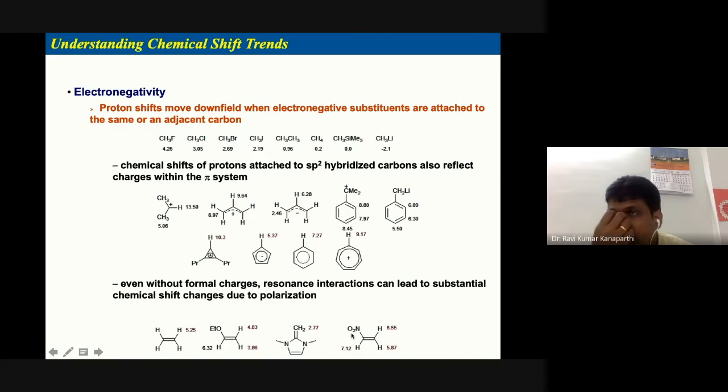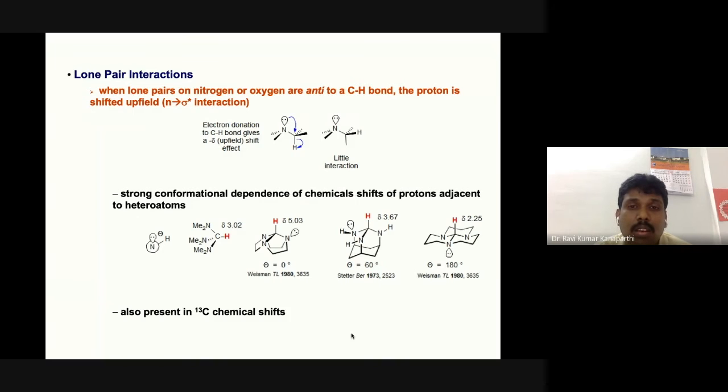So with an electronegative atom you can use the polarization concept. It need not be exactly on the same carbon you are dealing with, it can be nearby. If there is an electronegative atom or an electron donating substituent, accordingly the chemical shifts of what you are looking at will modify.